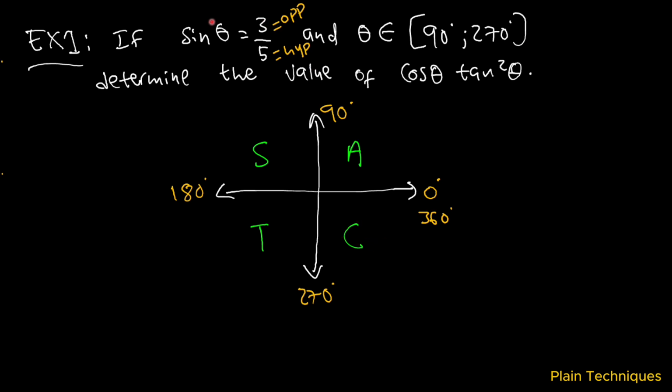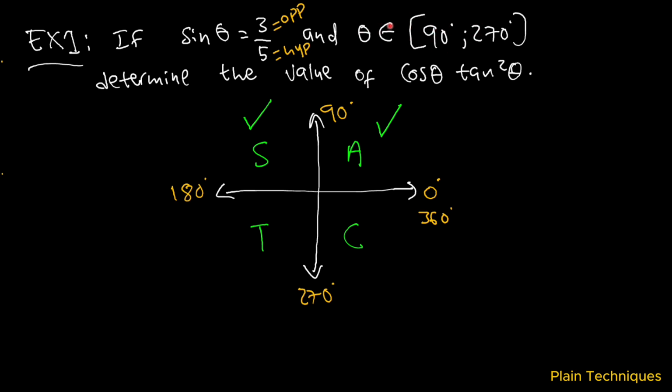Now we can establish from the first condition that sine is positive. I'm going to put a tick there. So sine is positive on the first quadrant and is also positive on the second quadrant.